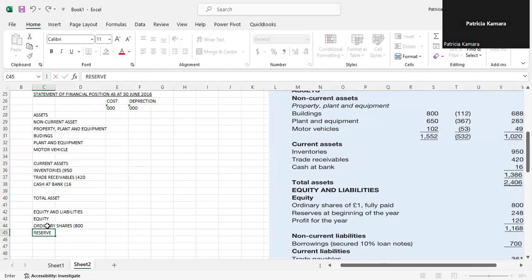Remember what we said about revaluation reserves, if you can remember during our previous video. The treatment of the reserve was also discussed. So let's say reserves, okay? So this was given to us as 248. Profit for the year. The profit for the year is a figure that we have to calculate. So we don't have to post anything for now for the year.